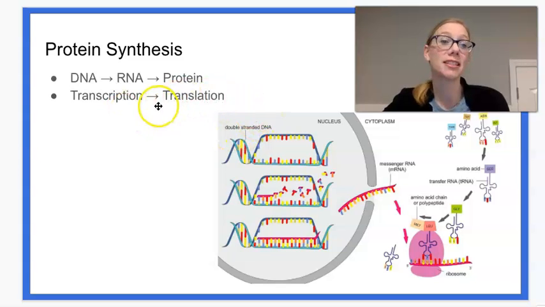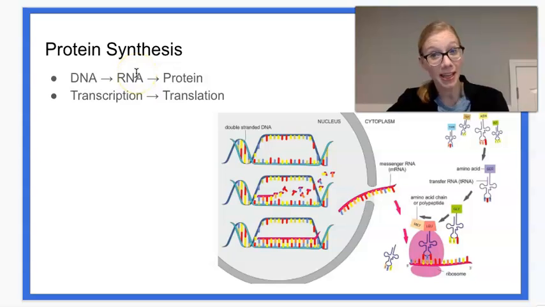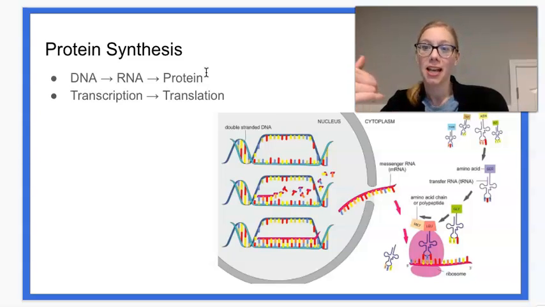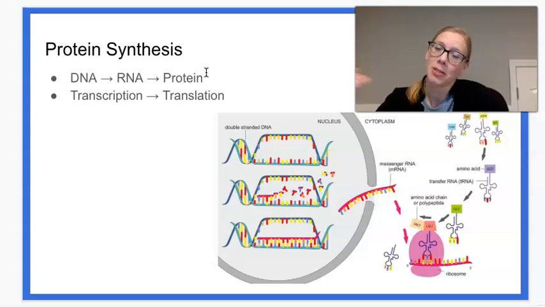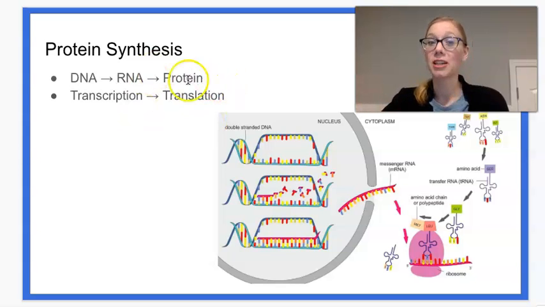Now we're going to talk about the second step, which really translates it from that RNA language into our protein, or more specifically, our polypeptide chain, but we know that will fold and probably even combine with some other proteins to become a functional protein. So we're really talking about the second step of protein synthesis in this video.